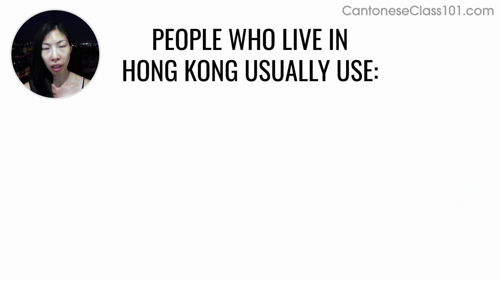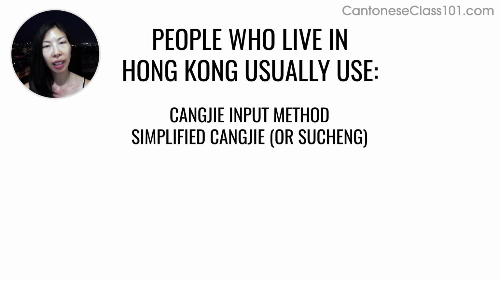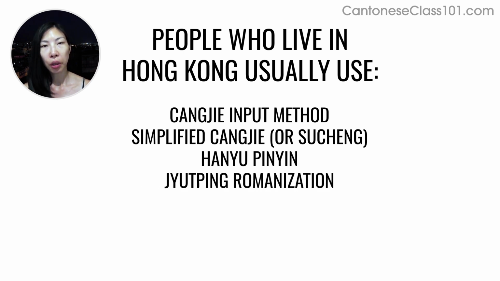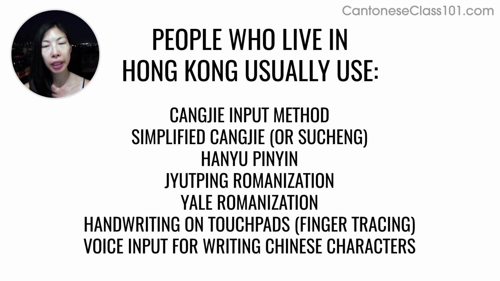People who live in Hong Kong usually use Changjie input method, Simplify Changjie or Suchan, Hanyu Pinyin, Yuping romanization, Yale romanization, handwriting, or touchpads like finger tracing, and voice input for writing Chinese characters.